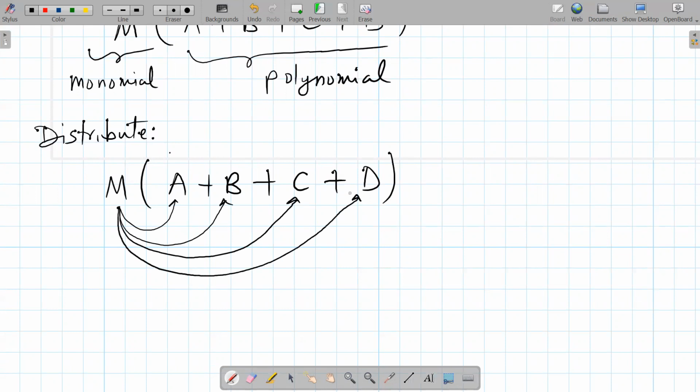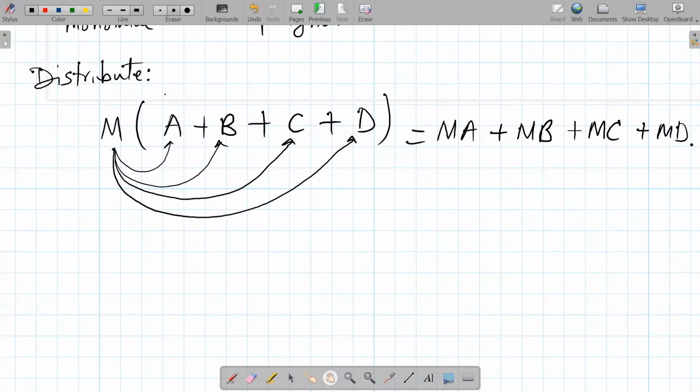And when you do that, m multiplies a is going to be ma, plus m multiplies b, mb, m multiplies c, mc, and then m multiplies d, md. So that's how we do a monomial by a polynomial.